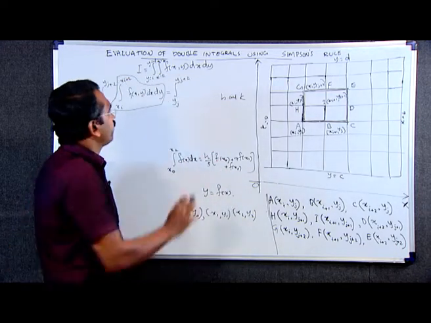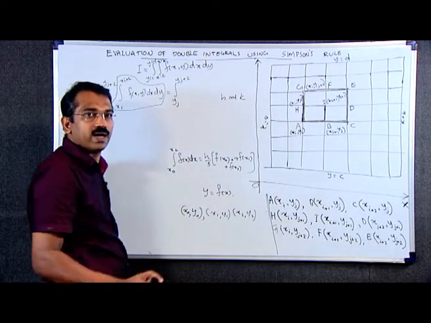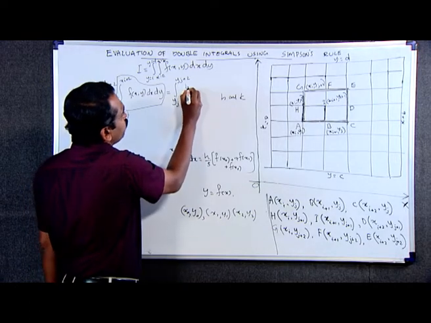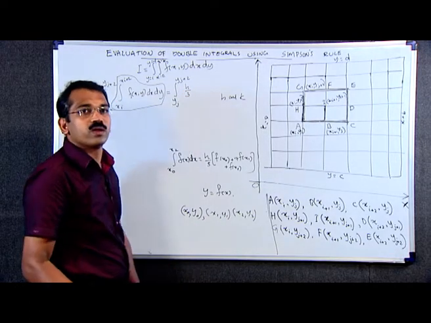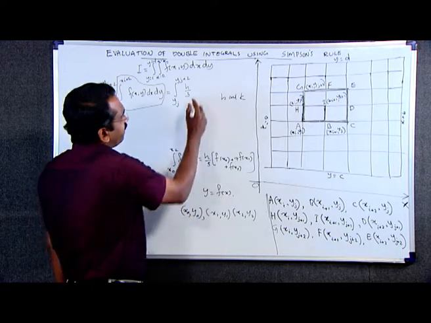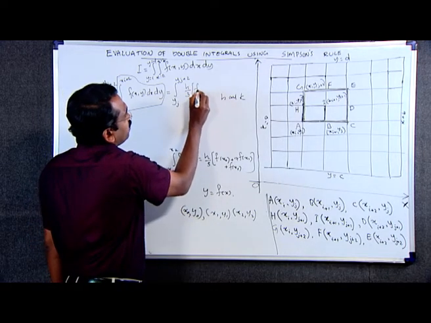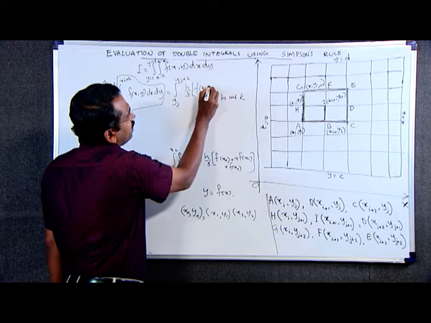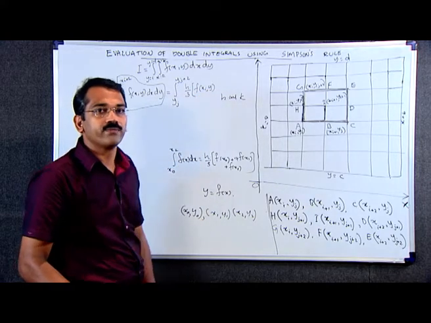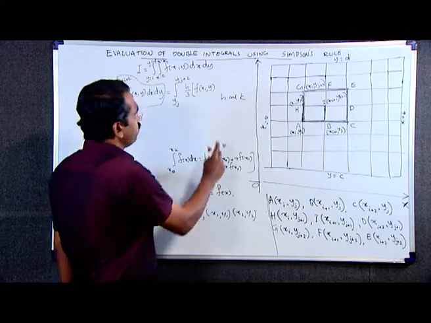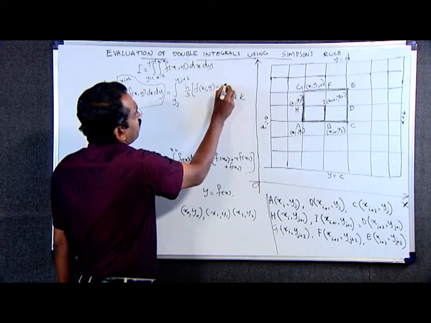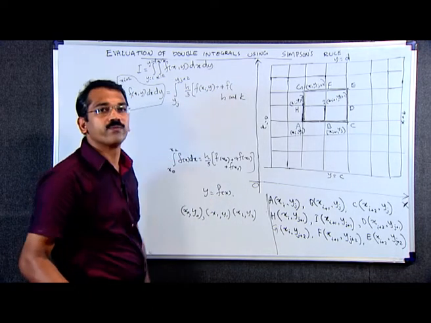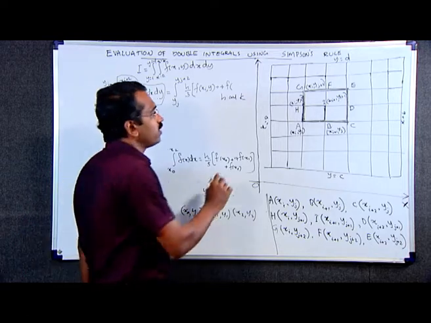We can write the value of this integral as h by 3 into f of xi comma y plus 4 times f of xi plus 1 comma y.